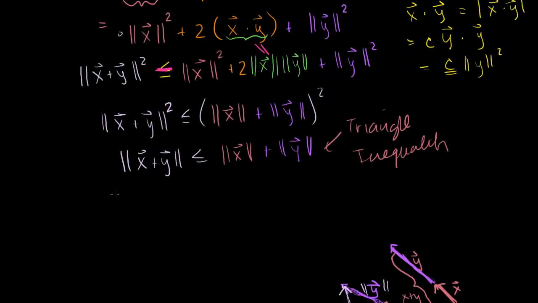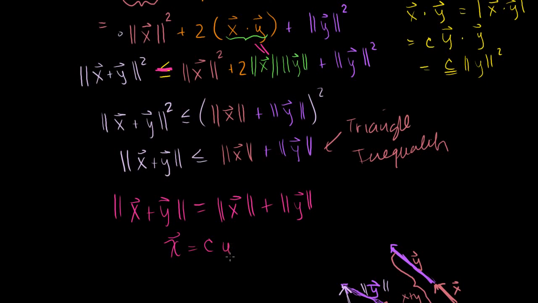We could say that x plus y, we've done the same work, but we'd have had an equal sign the whole way, would equal the length of x. The length of x plus y would equal the length of x plus the length of y in the situation where x is equal to some positive scalar times y. So c is greater than 0.